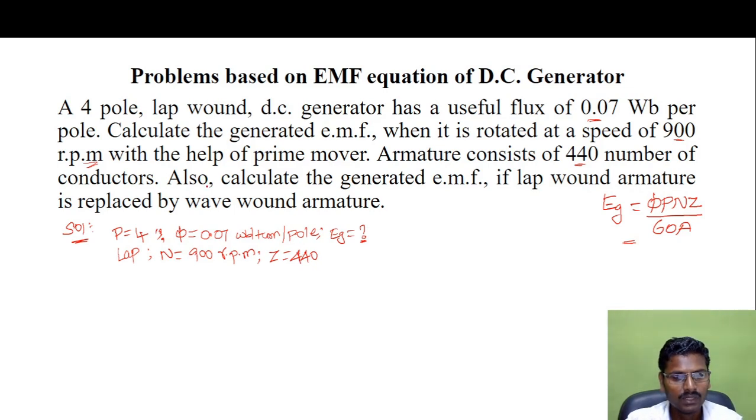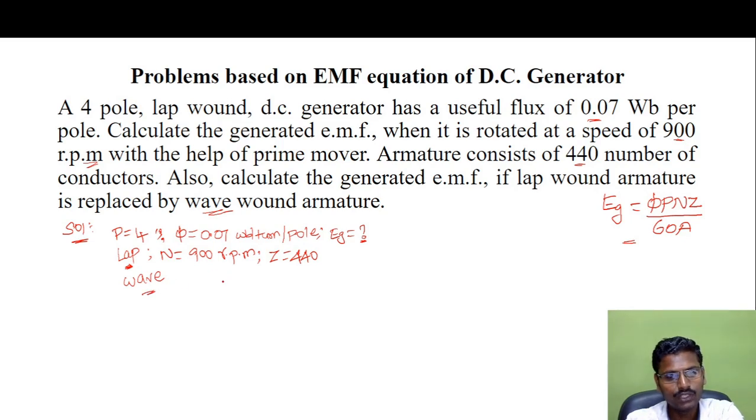The problem also asks to calculate the generated EMF if the lap wound armature is replaced by a wave wound armature. The given data are for lap winding of the armature. After finding EG for lap winding, we also need to find the generated EMF when the armature is wave wound.